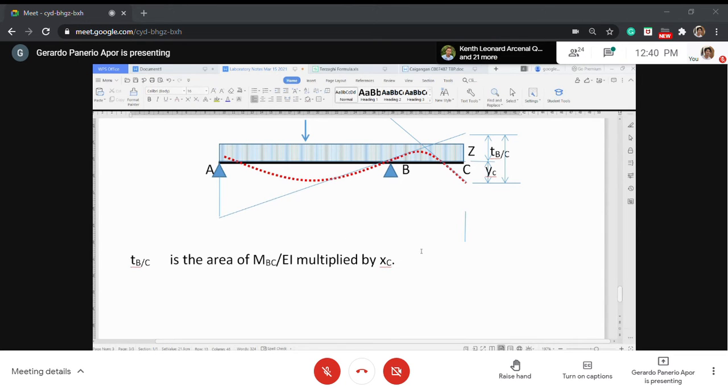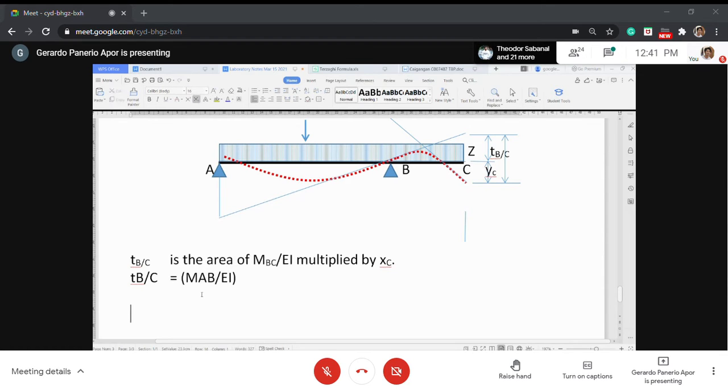So, in equation, Theta BC is equal to the area of the M over EI diagram, BC.